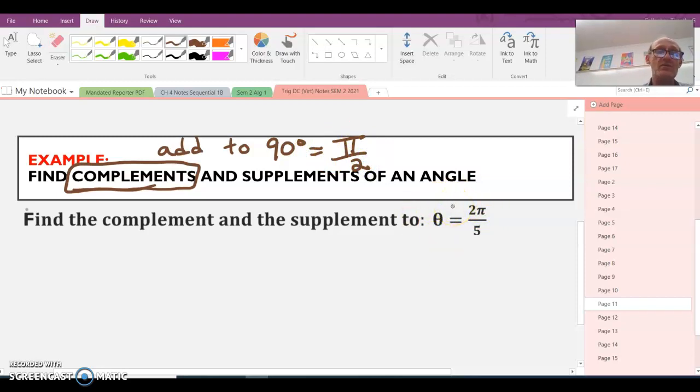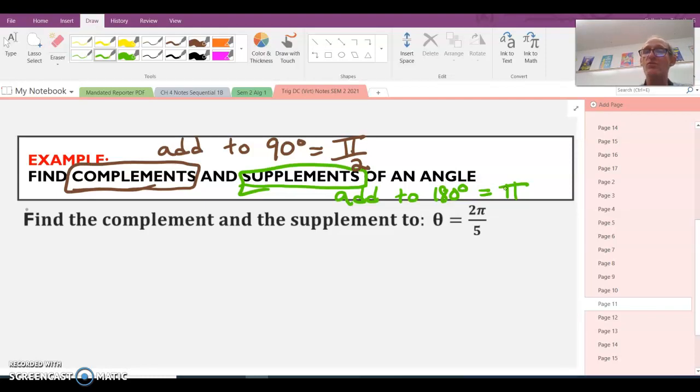So whatever two angles add to pi over 2, those two angles are complementary. And the supplement of an angle, you're going to add to 180, and 180 degrees is equal to pi. That's what you have to remember in this problem.